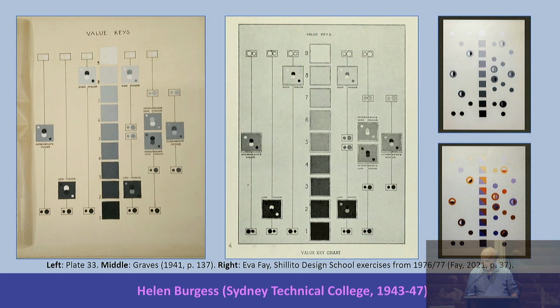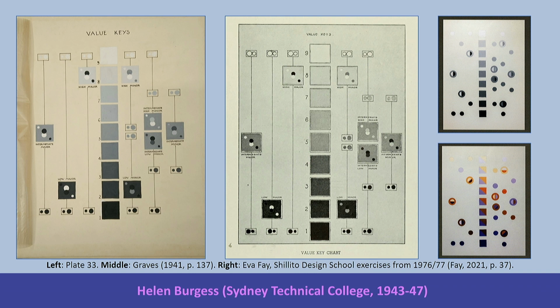And Shillito especially used these concepts of colour keys and colour chords. So this is value keys and value chords. This is a classification of groups of values according to whether they're high key, with mostly light, or low key, mostly dark, and major if there's a big range, or minor if there's a small range.